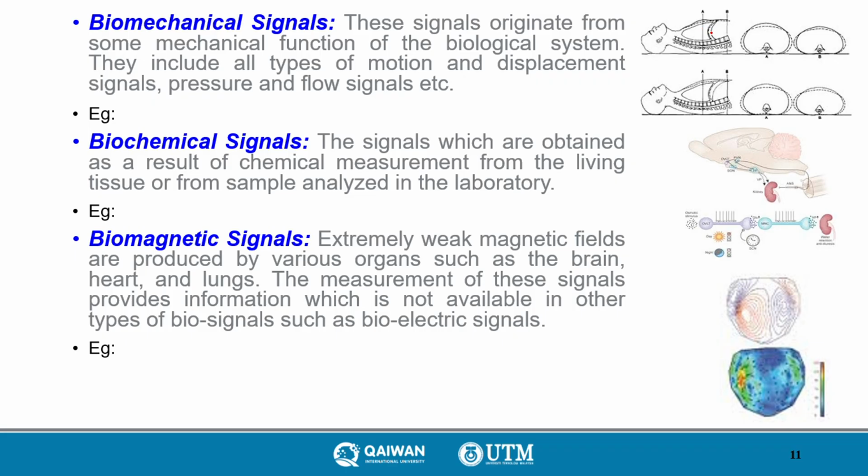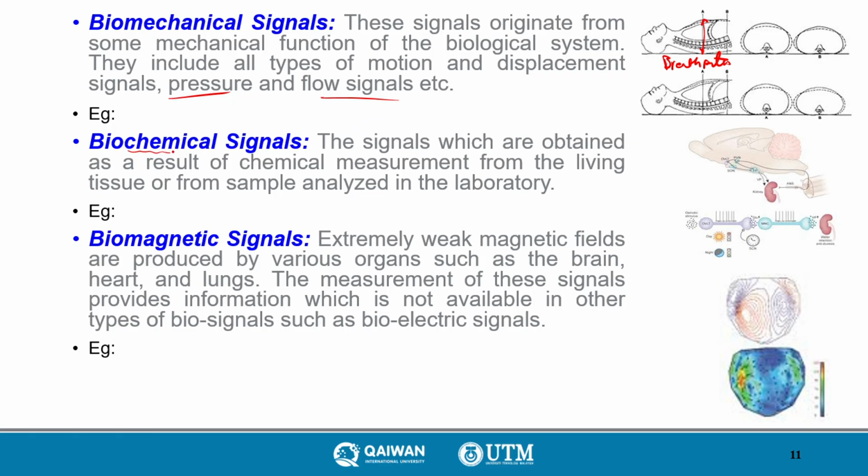For example, here we can use the mechanical movement of the chest wall in order to measure the breath rate. In addition to that, the pressure and the flow, blood pressure and the flow signal, can also be measured and considered as biomechanical signals.